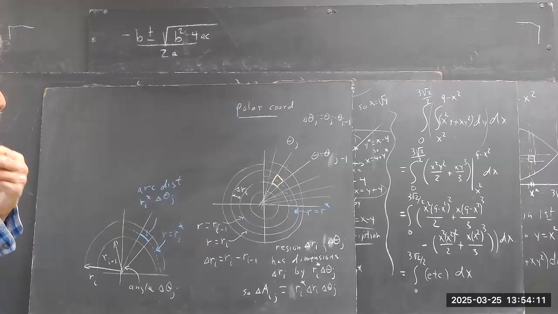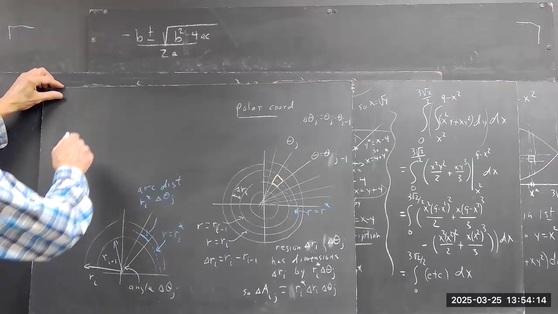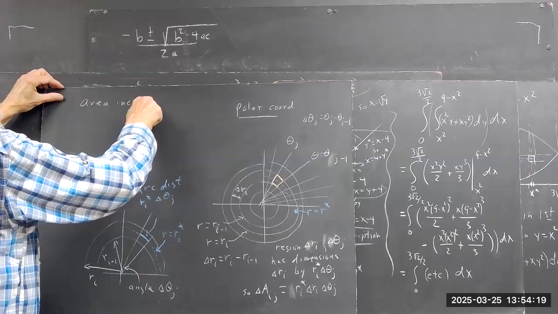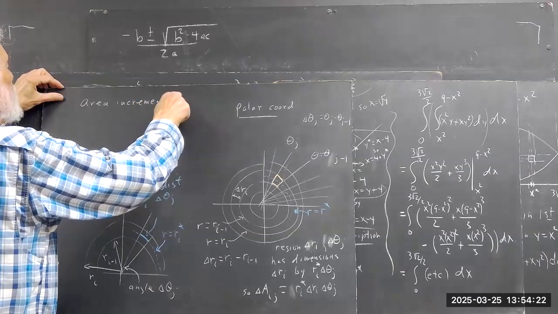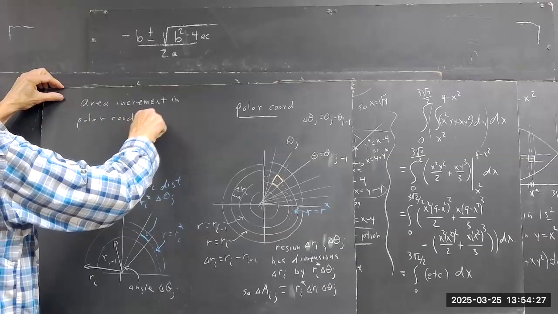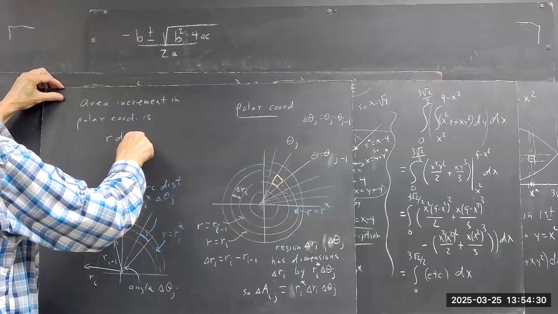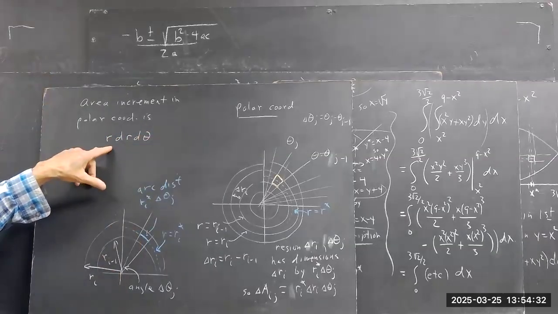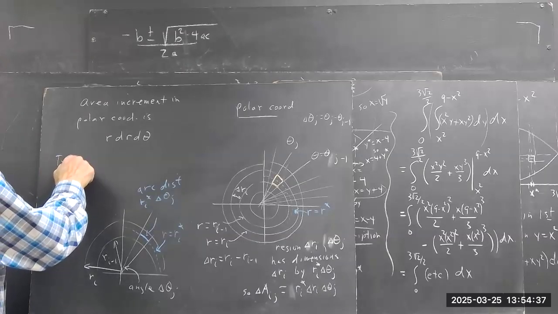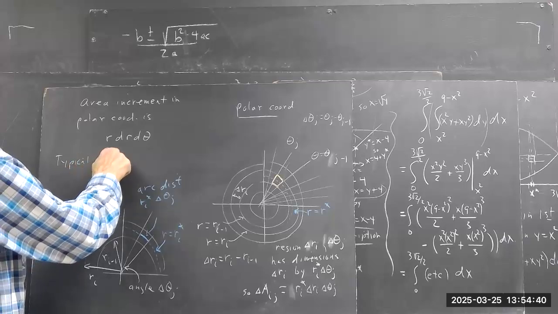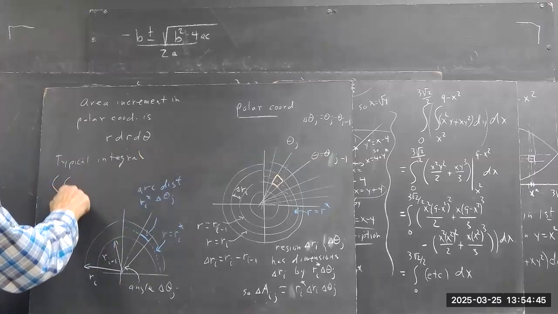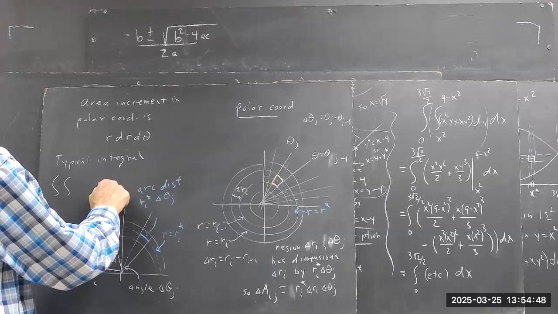This leads to the area increment is R dR d theta. The integral might look like this.